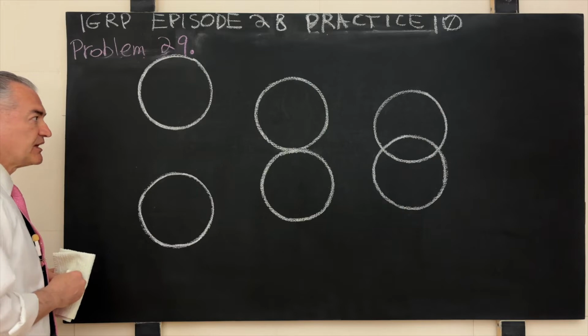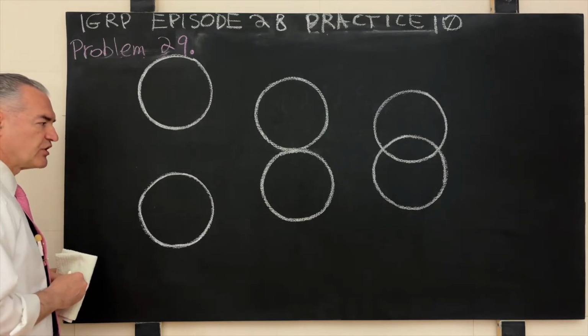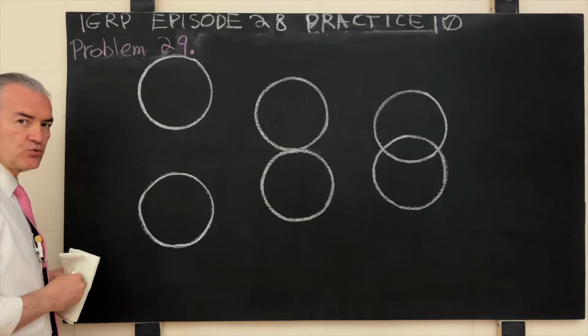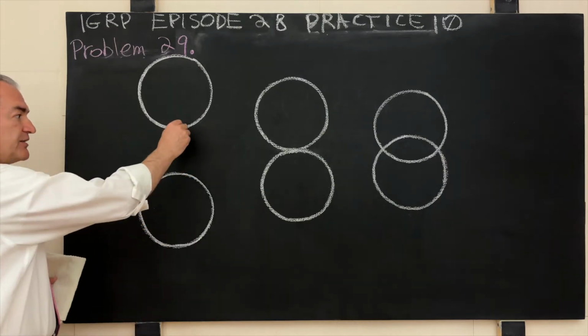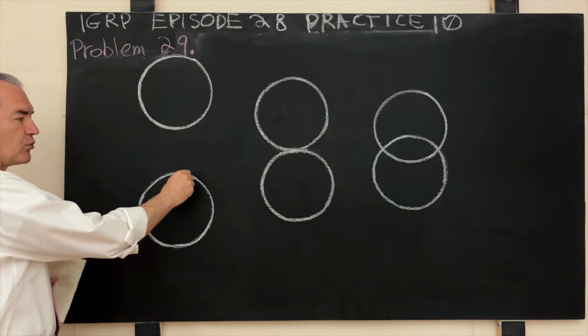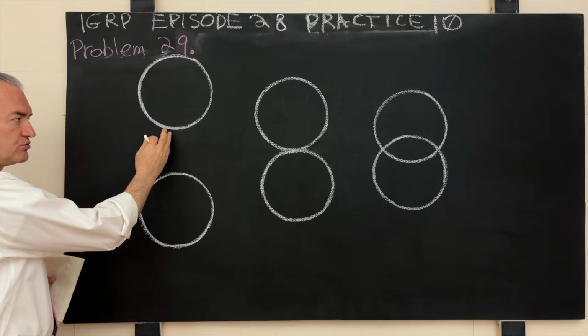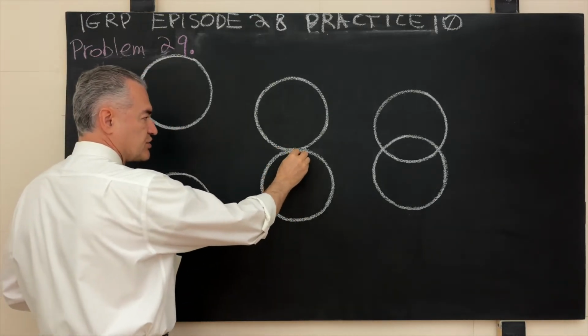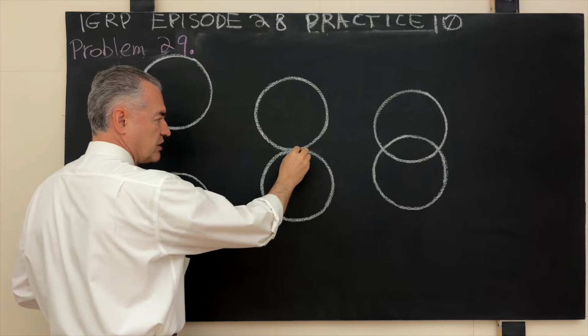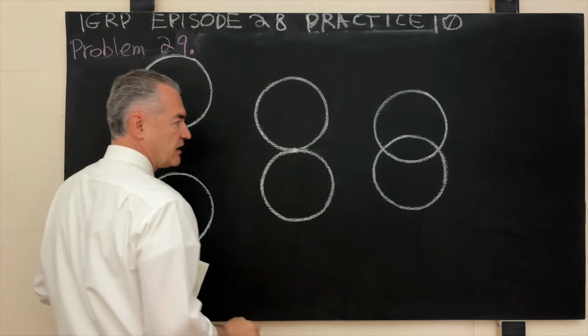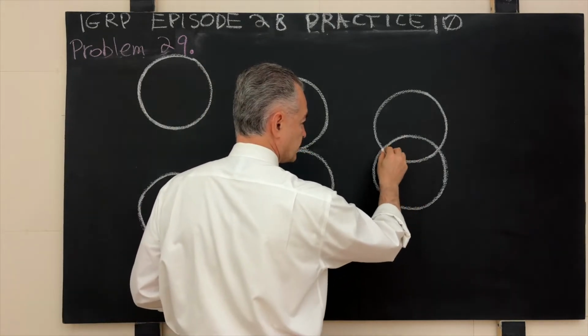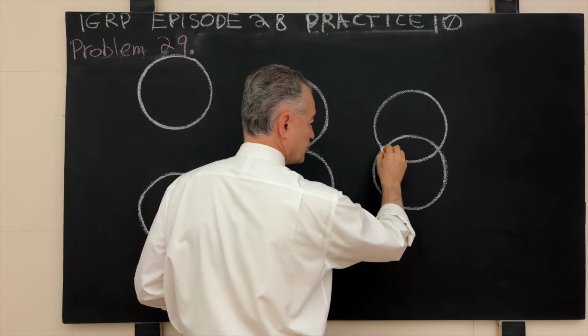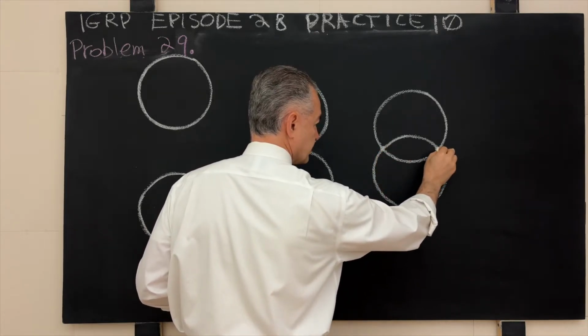And that means that we have a pair of equally sized circles which are not in contact and are located one outside of the other, shown on the left. The pair of equally sized circles touch each other externally, as it is shown in the middle, and the pair of equally sized circles that intersect over two distinct points.